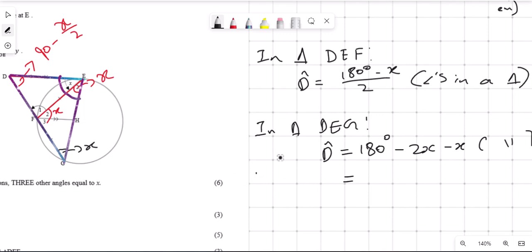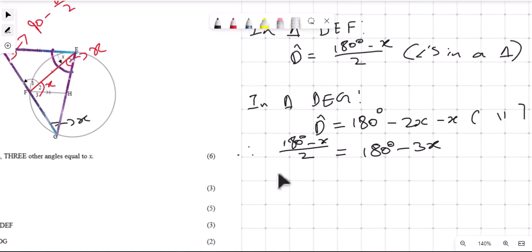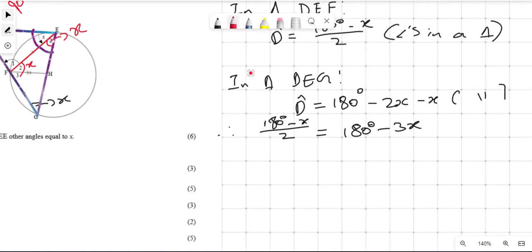Therefore, what is angle D? Angle D is 180 degrees minus 3x. Is that correct? Yes. Then maybe we can start solving for x.